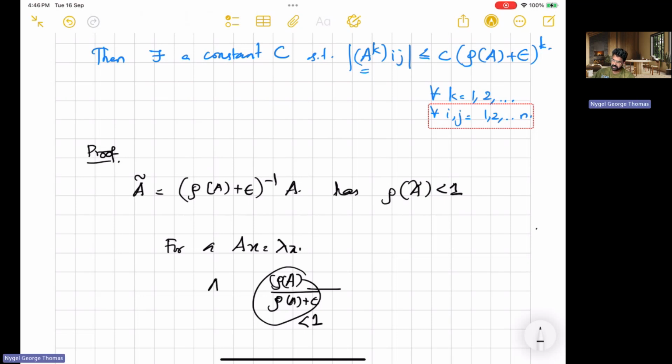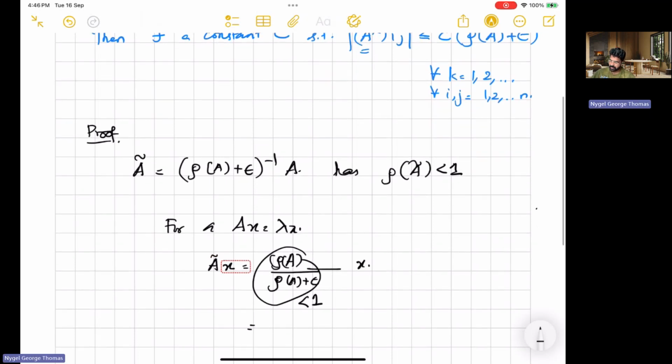So for this new matrix A tilde, A tilde x is this times x. So this is the new eigenvalue lambda dash for A tilde, and this is the max.